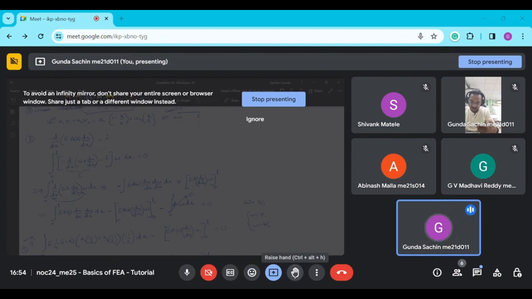Then we start with the differential equation and want to convert it into an integral equation. To do that, we take the error, multiply it with a weight function, and integrate over the whole domain equal to 0. We do it for one element, then repeat this process for the second element.